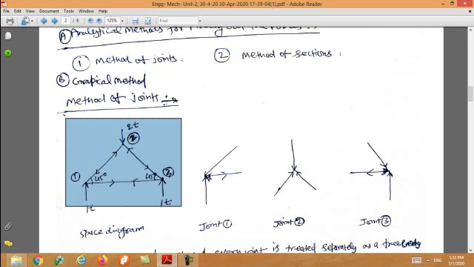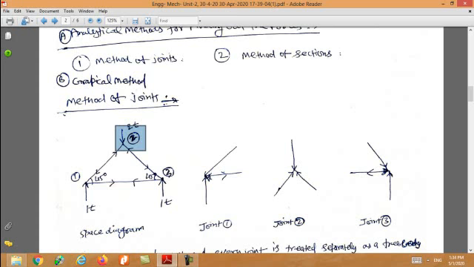The joints are marked 1, 2 and 3, and a 2-ton load is acting on these joints. Here this 2-ton load is distributed as 1 ton and 1 ton. It is calculated just like in shear force and bending moment, by calculating the reactions at this point and at this point.